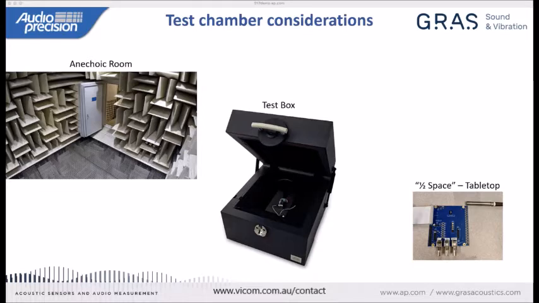The next, I'll say, maybe best choice would be an anechoic test box, which is really another kind of anechoic chamber. It's just smaller, and therefore the lowest frequency to which it has no reflections is higher.